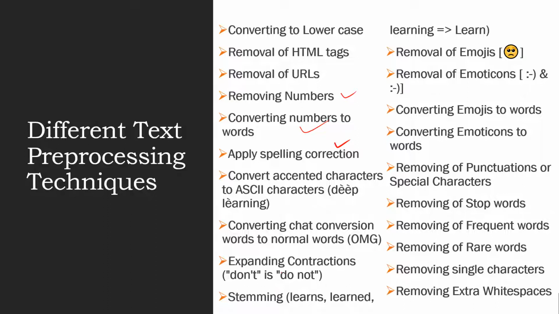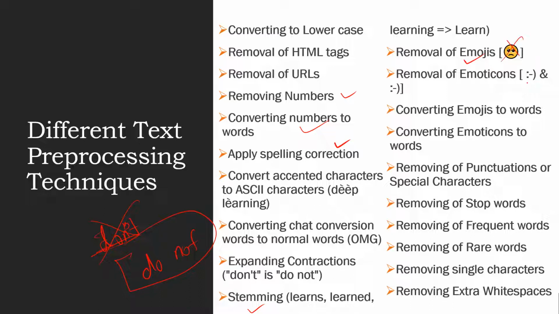Expanding the contractions. Sometimes they put short forms, so you need to replace these. For example, they put "don't", and you replace it with "do not". Then we already discussed stemming. You need to do the stemming part. Also you need to remove emoji. Some paragraphs contain emoji, so you need to remove them.